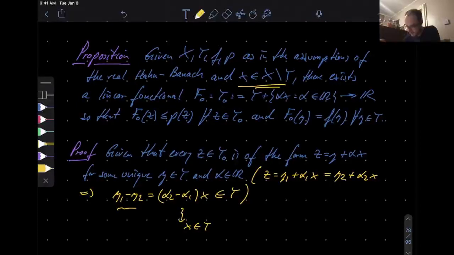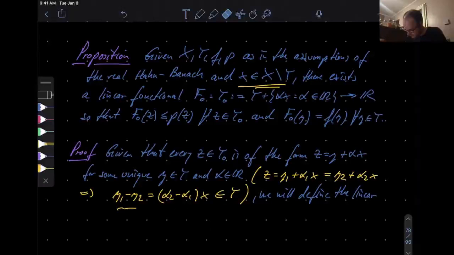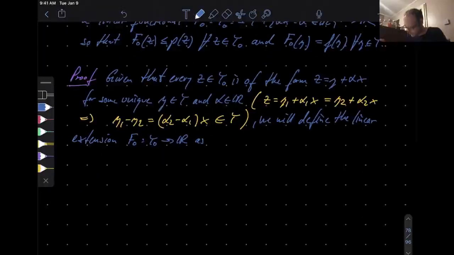Good. Now having it, given that every z is of the form y plus alpha x for some unique y, we will define the linear extension f circle from y circle to R. Okay, there's a natural way now how to do this.